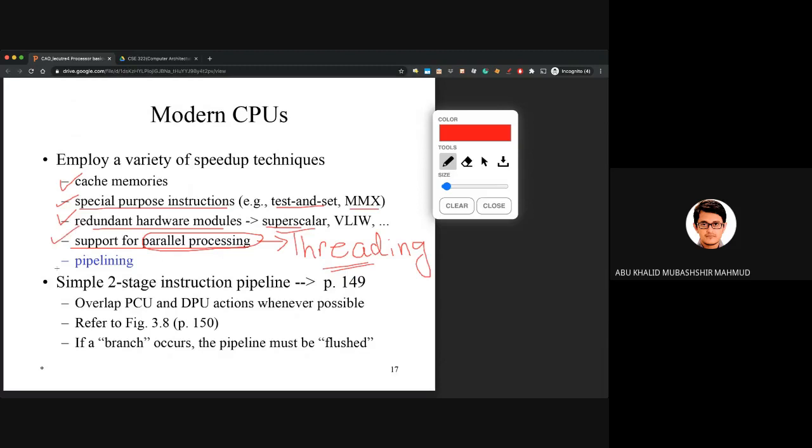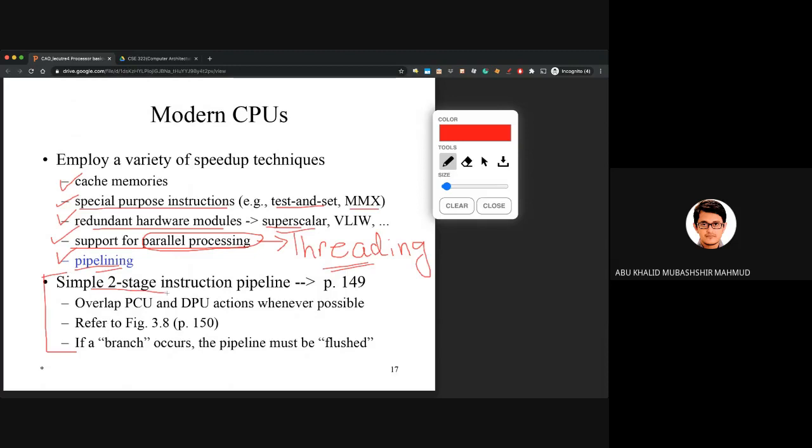Another concept which is used to speed up the CPUs is pipelining. I have told you before that we will face this term literally many times during this course, and during the issues we will face in the future.